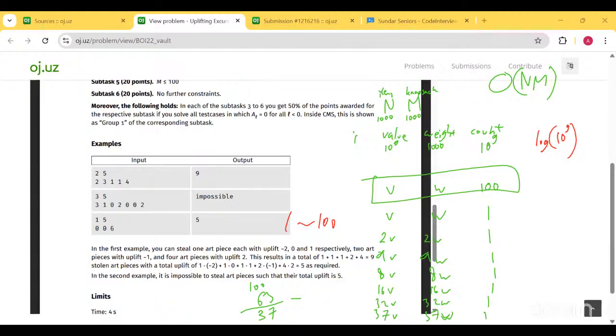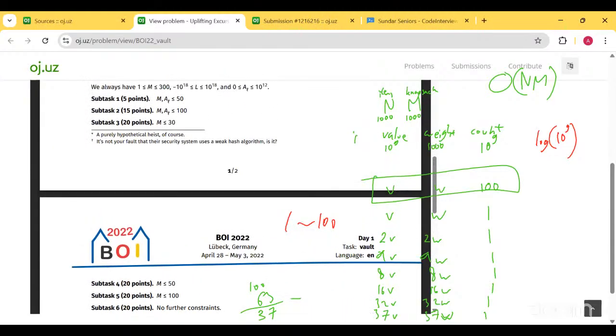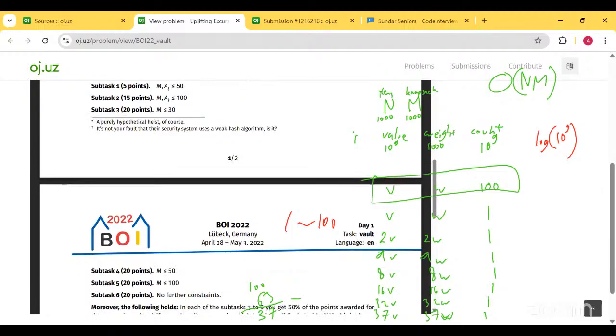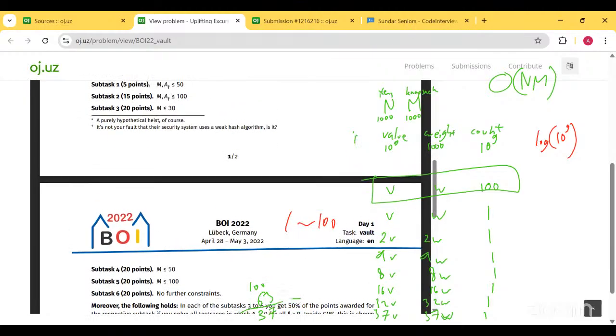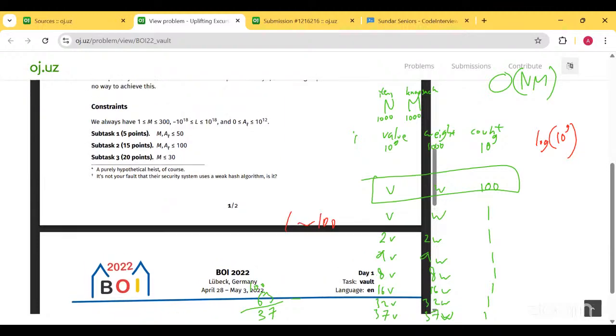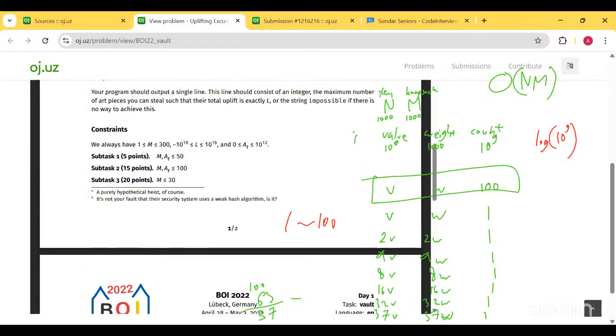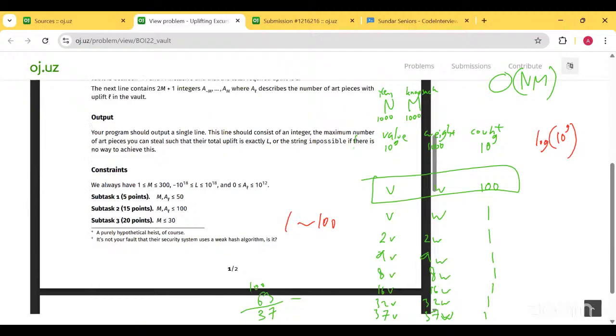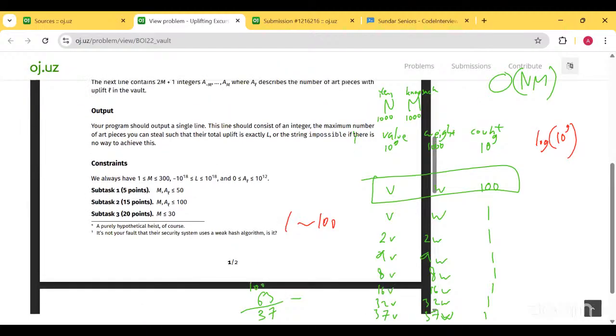So we can solve subtask 3 maybe, and the other subtask. All right. But what if m is large? For example, 300.